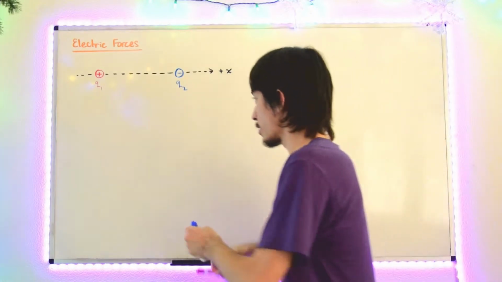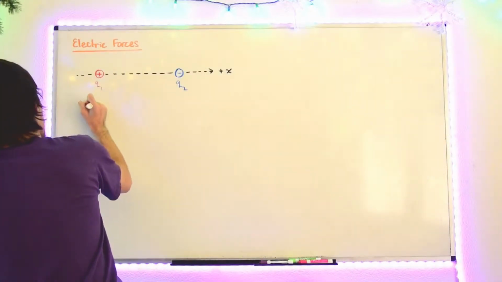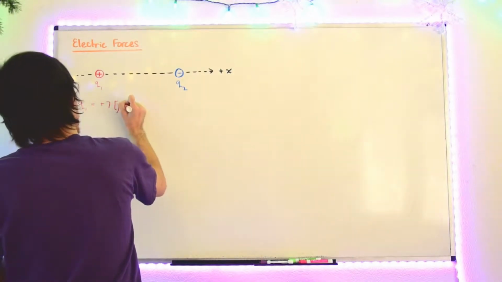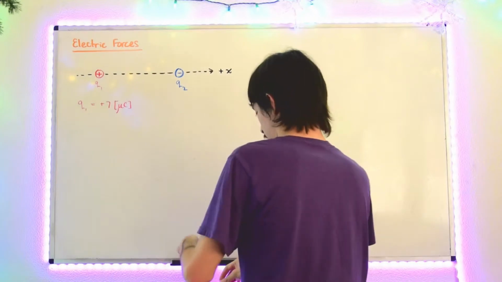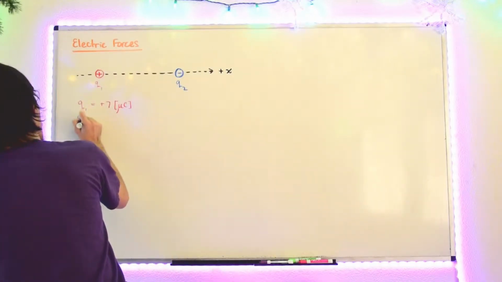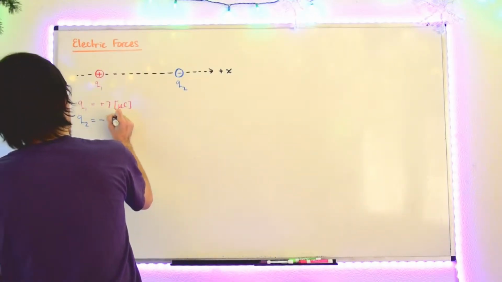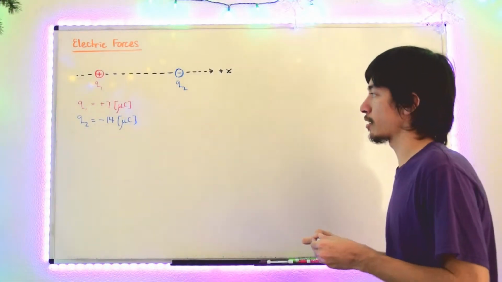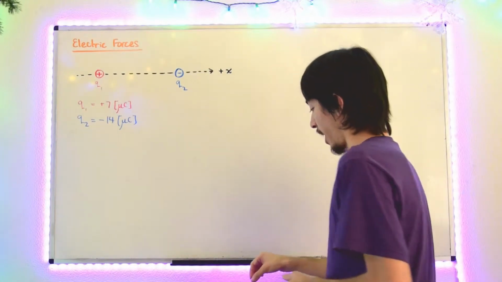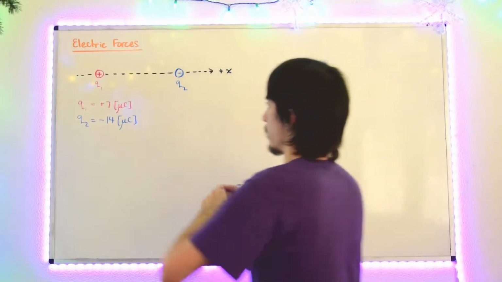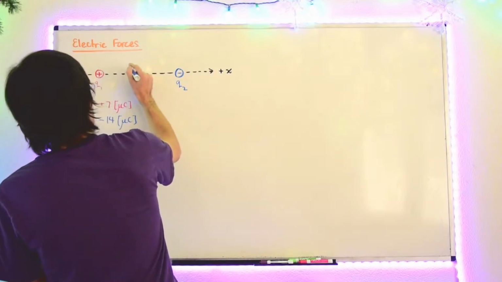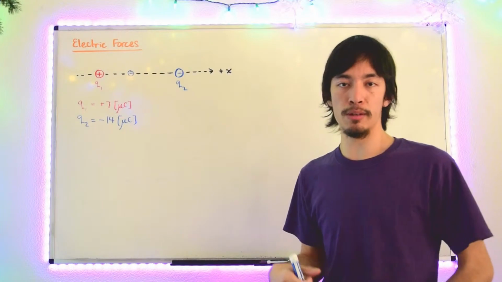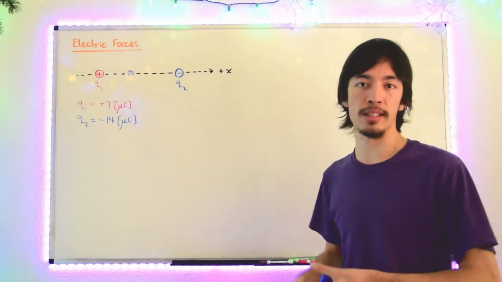We know the values were given. Q1 equals positive 7 microcoulombs. We know Q2 was negative 14 microcoulombs, so it's twice as much charge in this case. And we have a third charge, which we know is an electron. The charge is not flat out stated, but it's implied that we should know it because it's an electron.